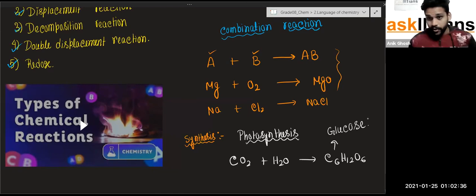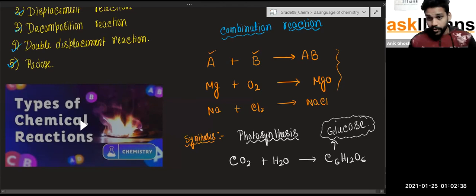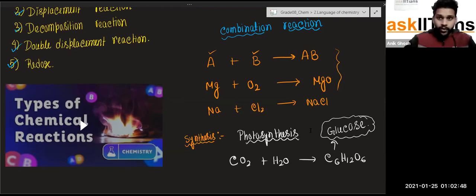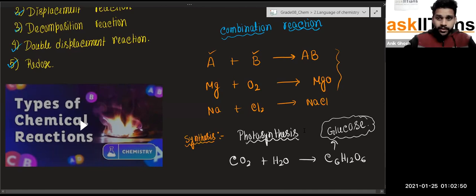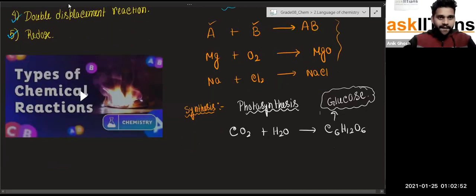So a combination reaction is also called a synthesis reaction. Whenever you come across a synthesis reaction, that is a combination reaction. Got my point? Clear? Can we move on to the next part? Whenever you see A plus B giving you AB, just remember that this is a combination reaction.